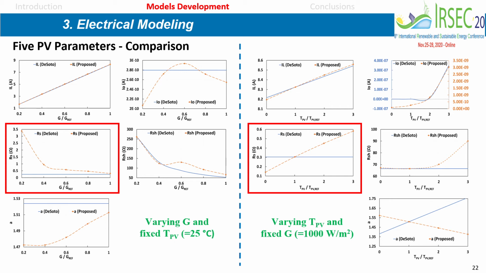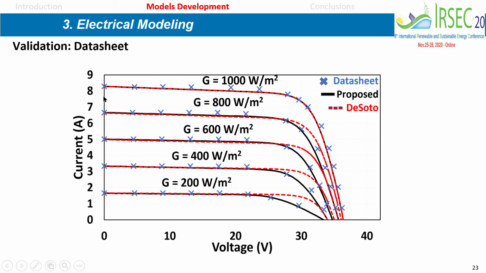sound actually. Now, if we look at the comparison of our model to De Soto for the IV curves for different irradiances, you can see here that our model predicts very well the IV curves for all ranges of irradiances. De Soto works well for 1000, close enough for 800, but it deviates completely for others because it was fit to these two only.